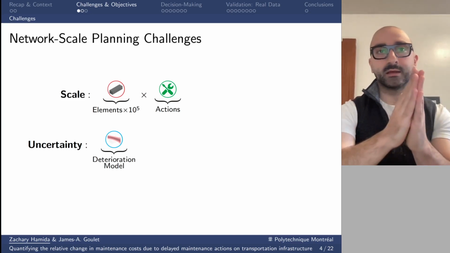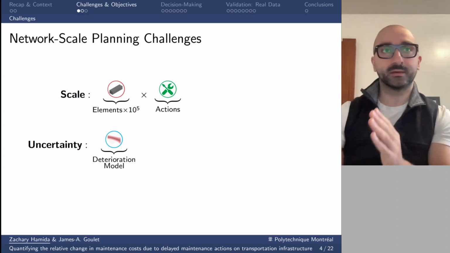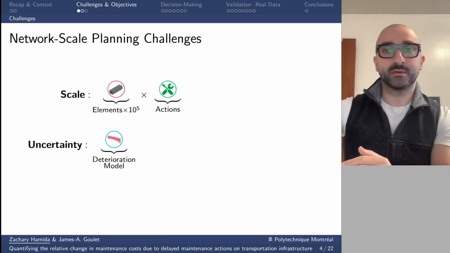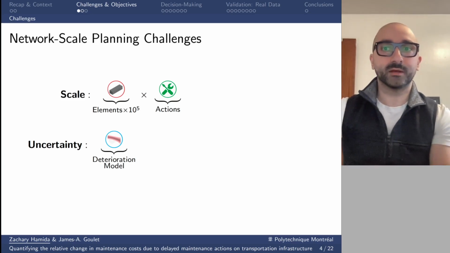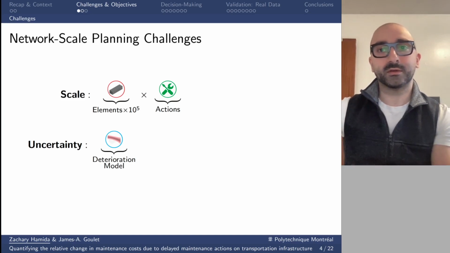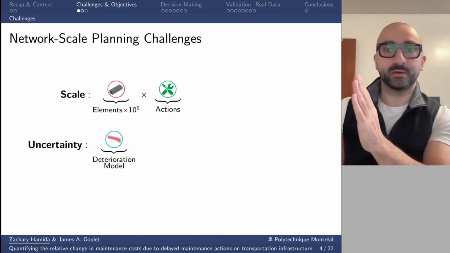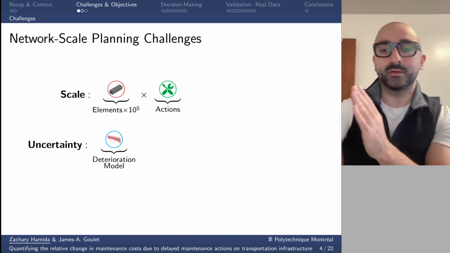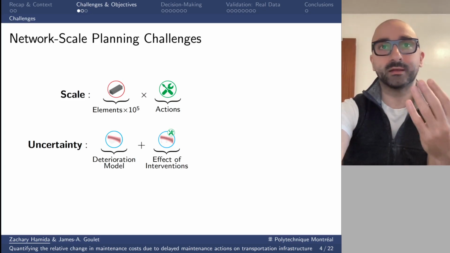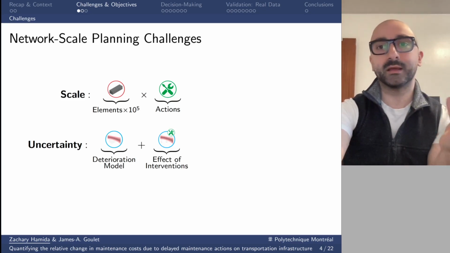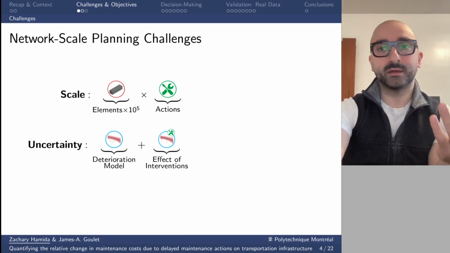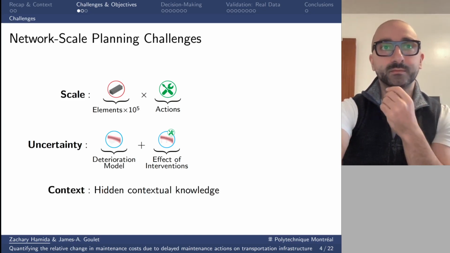And if you're taking that over an extended period of time, then those variations in the effect of improvement for different kinds of actions would have a large uncertainty as we move forward in the future. So this is one of the challenges that decision making or network scale planning frameworks need to deal with, and this is also one of the significant challenges.